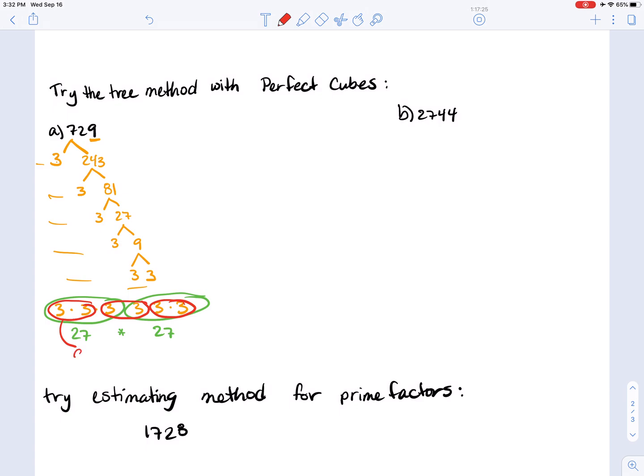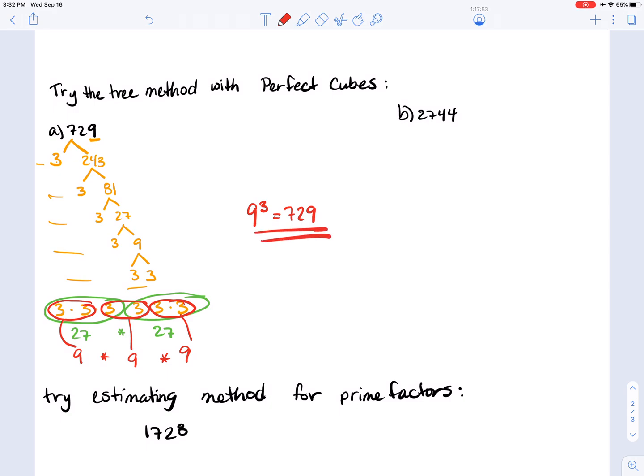So I have 9 times 9 times 9. So 729 is sort of an anomaly kind of number because it could be a perfect square, 27 times 27. But because I was asking for perfect cubes, it actually is 9 cubed equals 729.